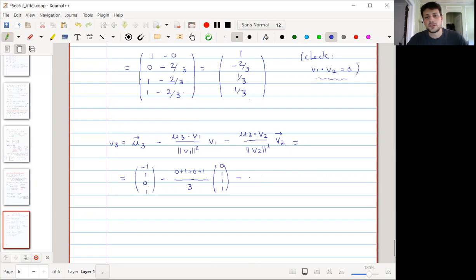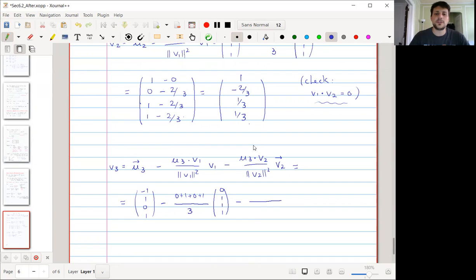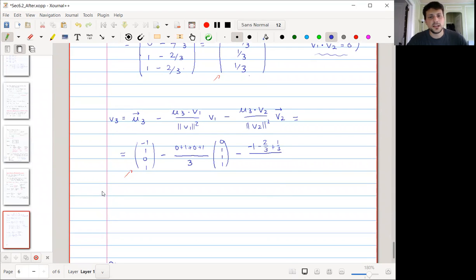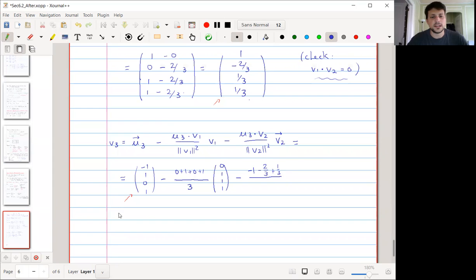Then we compute the dot product between U3 and V2. U3 is here and V2 is here. So let's dot them together. What we get is -1 in the first term. Then we have -2/3. Then we have 0 and plus 1/3. Then we want to divide by the norm of V2. And maybe let me compute that in an aside here.